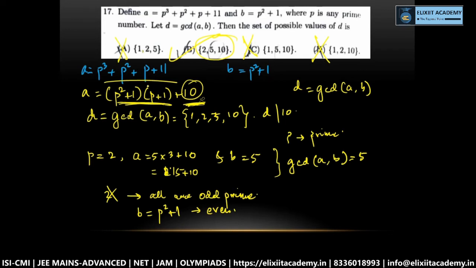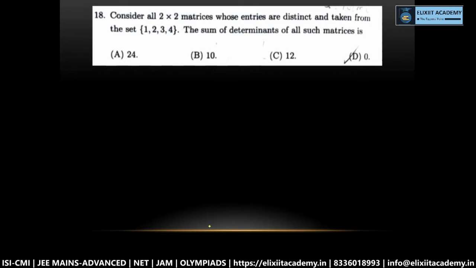You are considering all 2 cross 2 matrices whose entries are distinct and taken from the set 1, 2, 3, 4. You have to find the sum of determinants of all such matrices. This is comparatively much easier than the others.